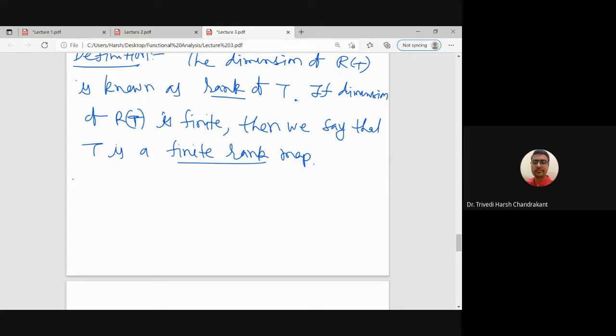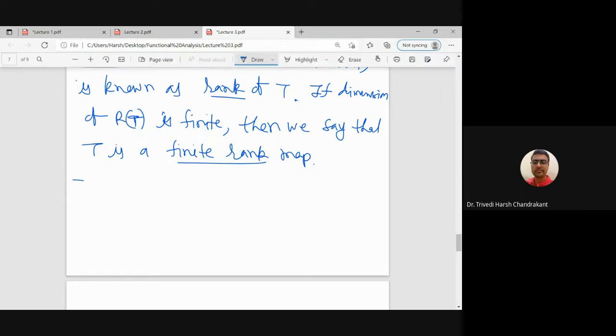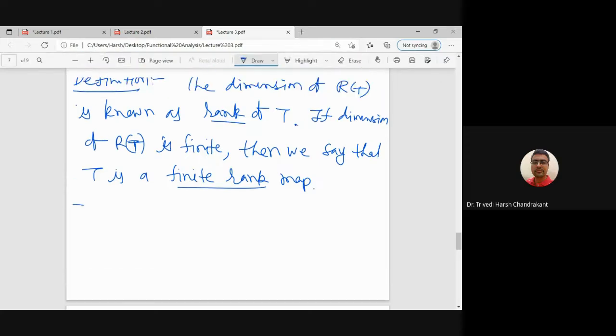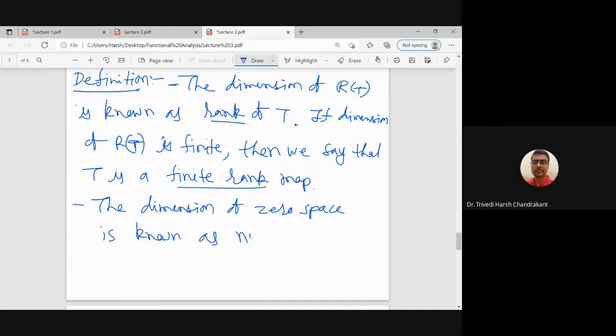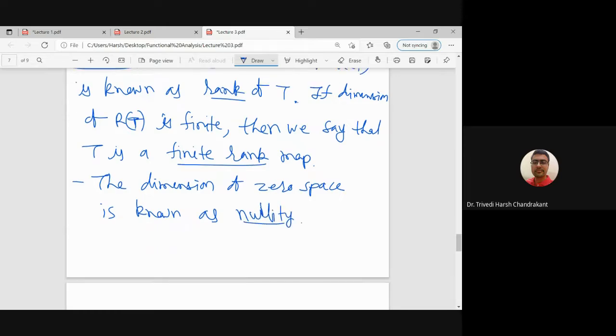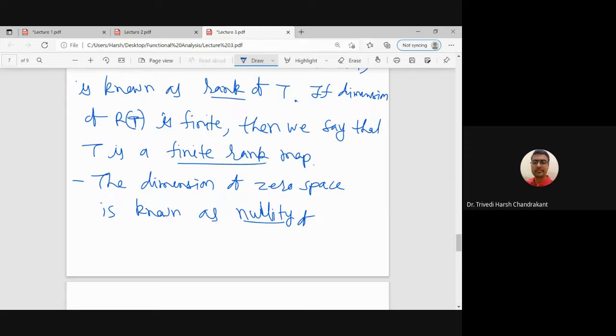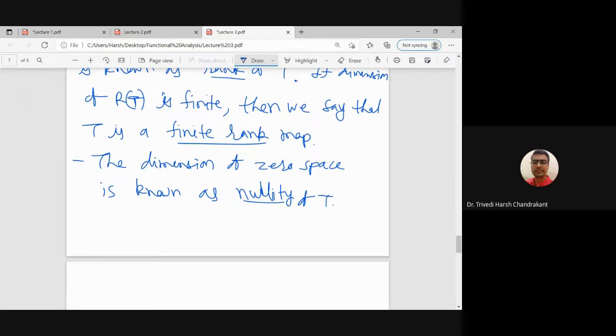Similarly, we can define the dimension of the null space, which is known as the nullity of T.